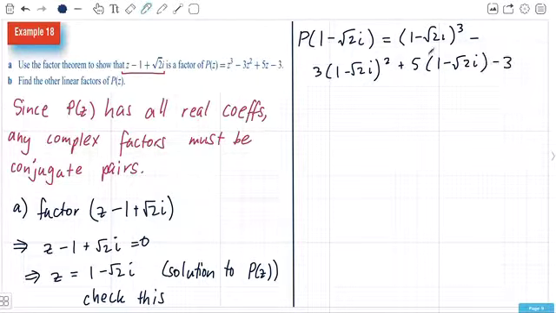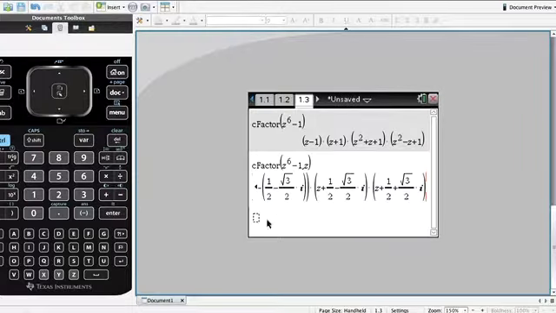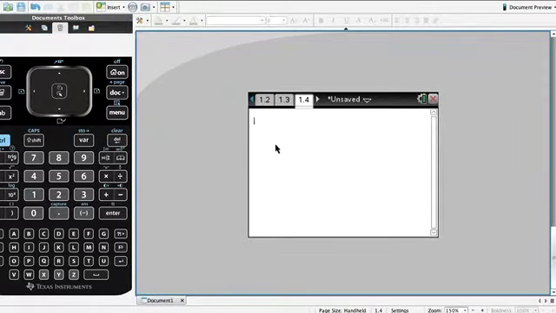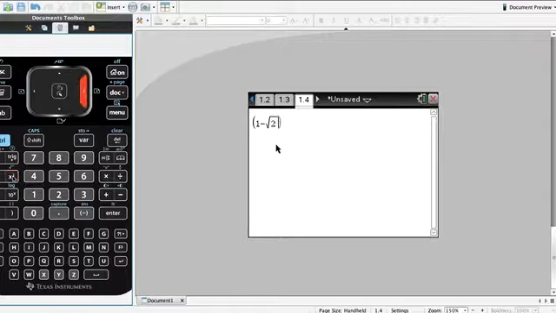So with this, you can do this in your graphics calculator if you want to see what you end up with. With something like this, it's generally quicker to do that if you can. So 1 minus root 2i, I'm just going to open my CAS and put 1 minus root 2i, and remember that for i you need to get that out of the pi menu.